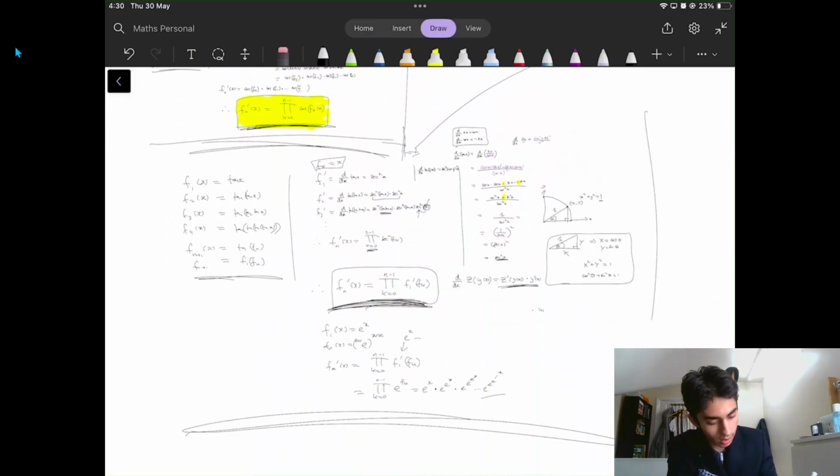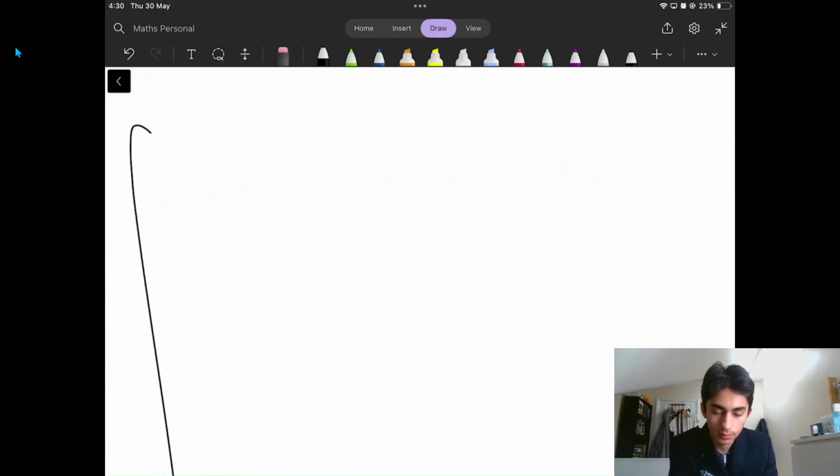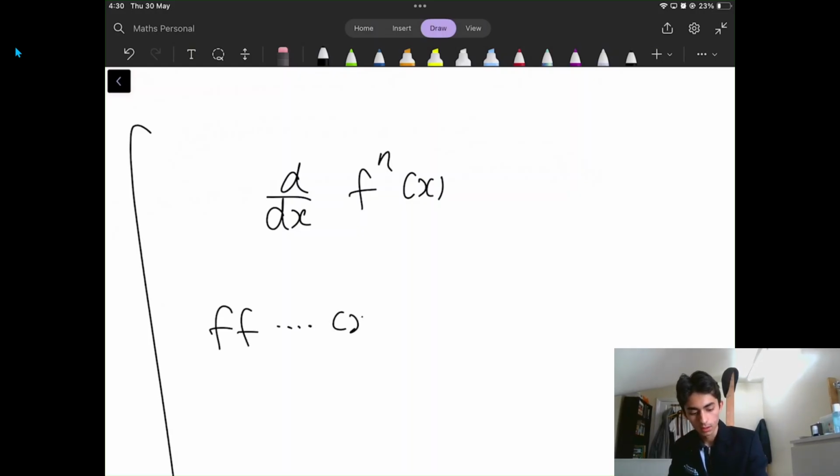So yeah, therefore I can confidently say that the derivative of, let's say d over dx, f to the power of n of x. This notation basically means f of f of f of f of x, right? Where we have n lots of f, right?